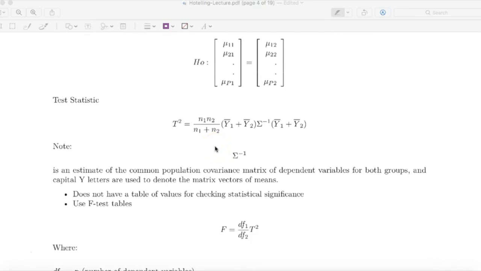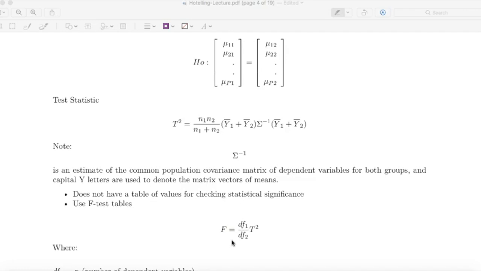Another thing you need to remember, or maybe you don't know, is that F statistics are essentially T statistics squared. I only mention this because you might decide to do your Hotelling's in a different software someday.